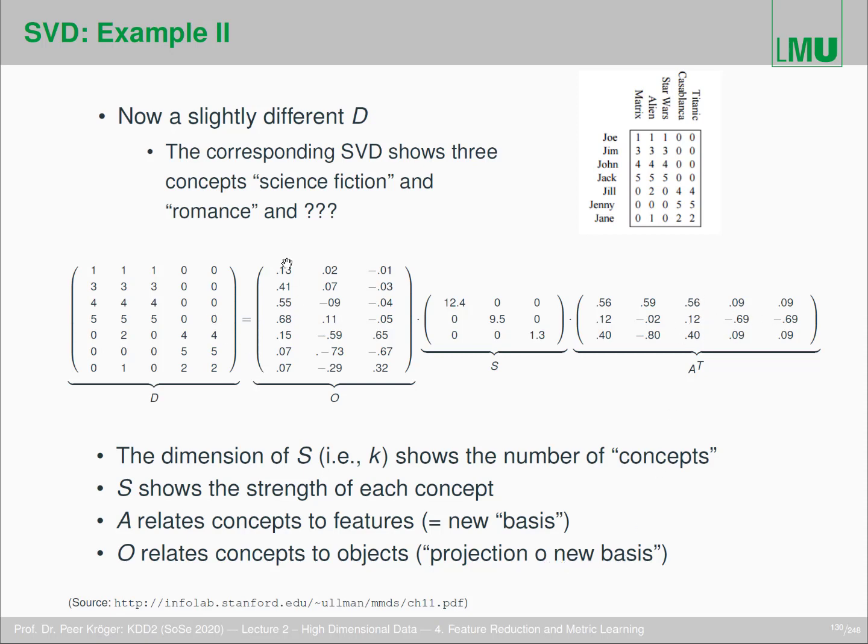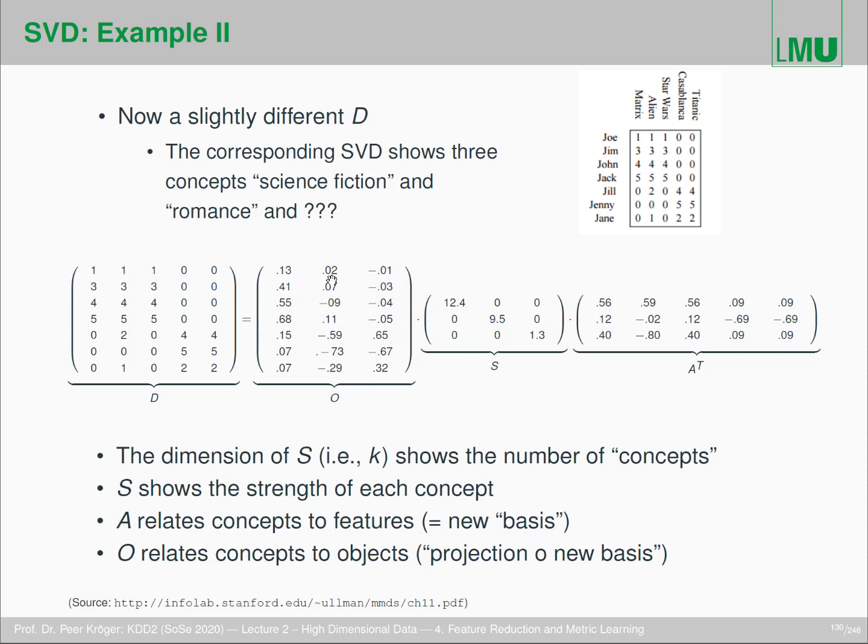Yeah? So we have three new bases, so to say, three new directions, unit vectors, corresponding to the three concepts here. And if we project the first Joe, the first guy here, on the first axis, we will get this value here instead of 1.